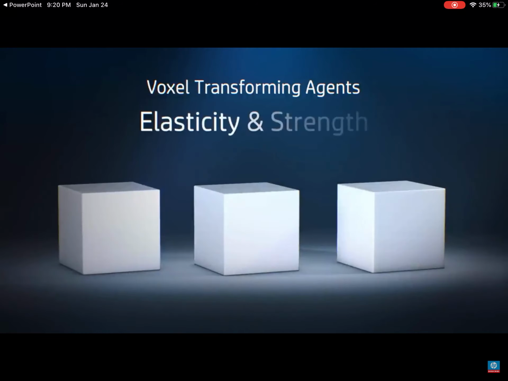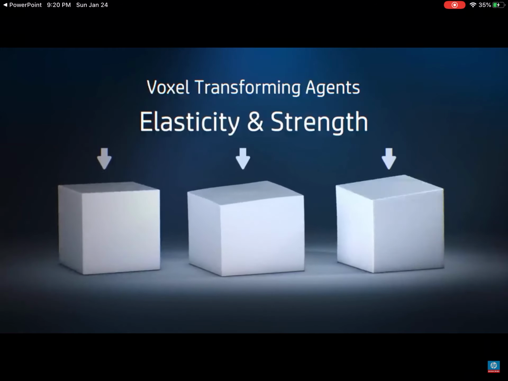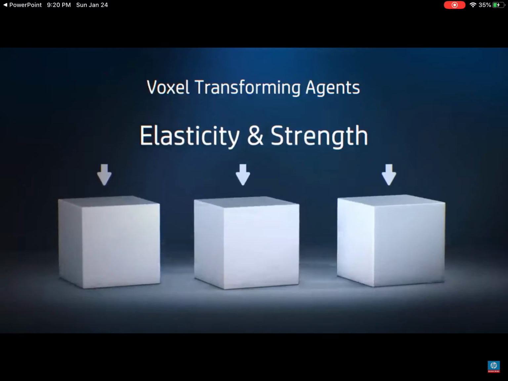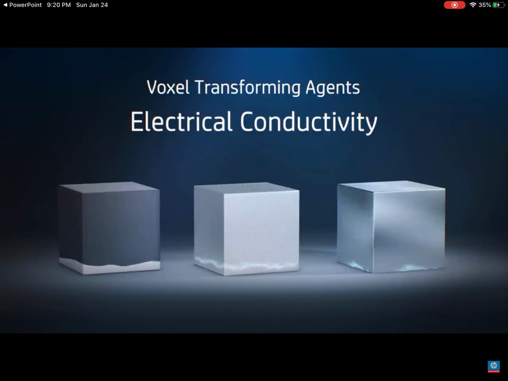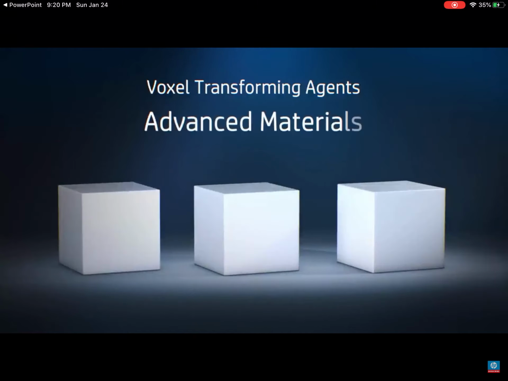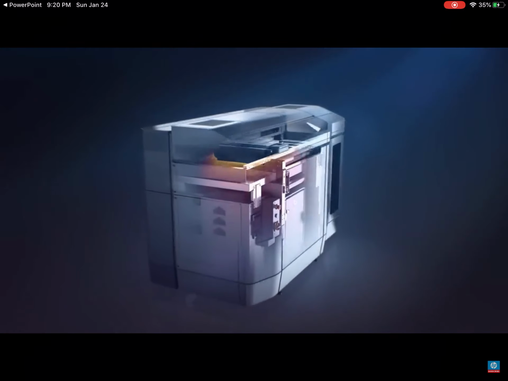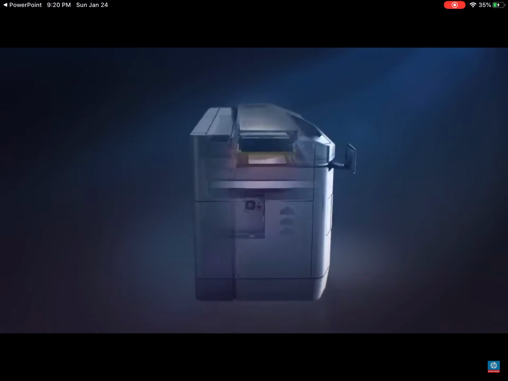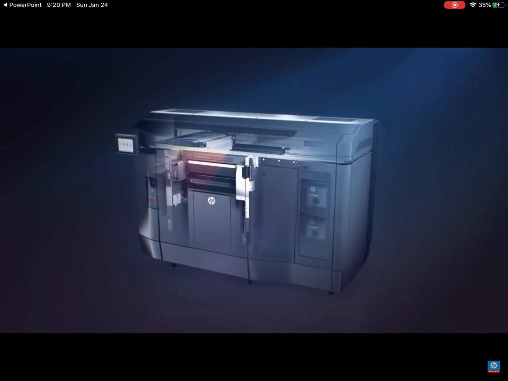We could also optimize the strength and stiffness in portions of a part and print elastic voxels in other portions of the part. The conductivity of certain voxels could also be controlled, enabling embedded electronics. HP transforming agents could also be used to enable the printing of new advanced materials or enable emulating different materials at each voxel. HP's multi-jet fusion technology could enable design and manufacturing possibilities that surpass the limits of our imagination.